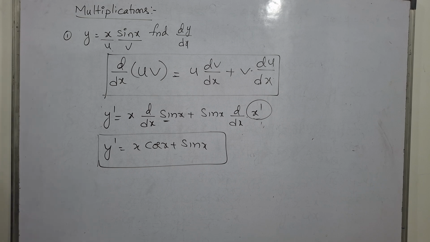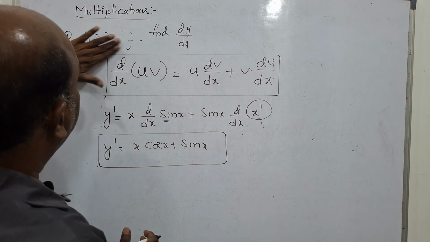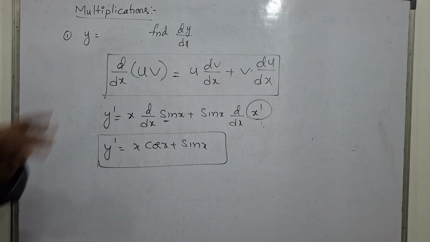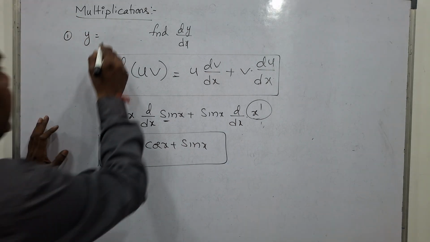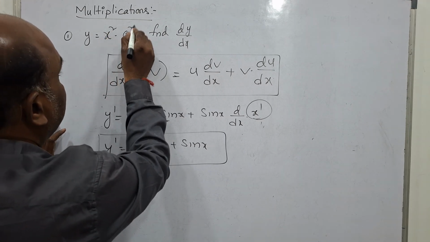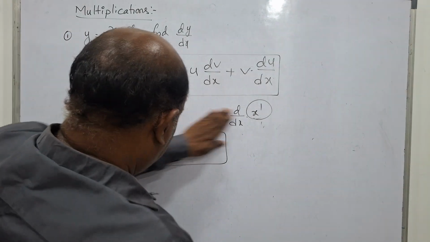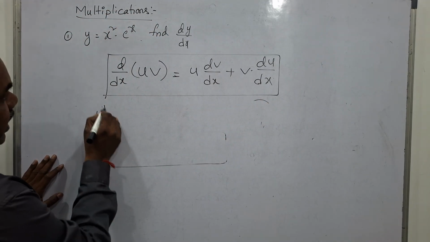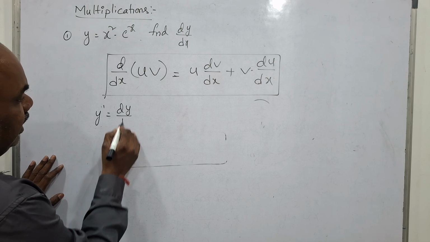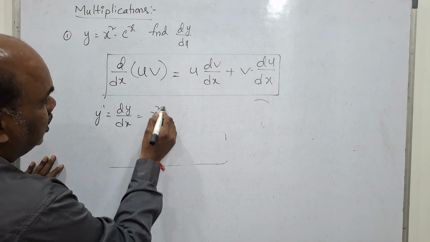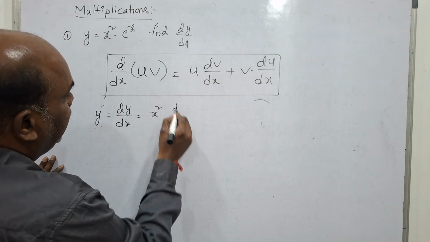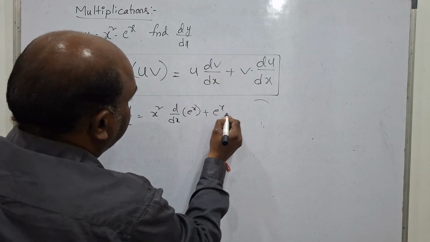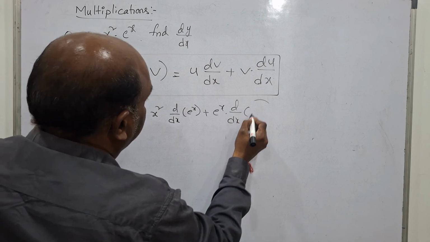Question number 2. One more question. I will just change the values here. Note down beta, y is equal to x square into e power x. Find dy by dx. Now same formula. y dash, or dy by dx, is equal to: first keep the first function, x square into d by dx of e power x, plus e power x into d by dx of x square.